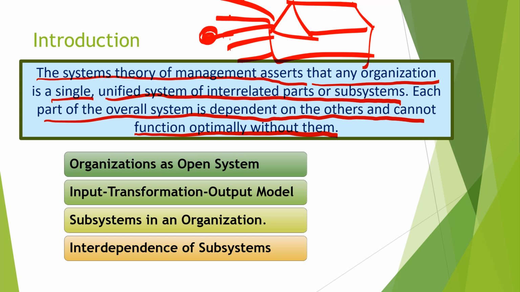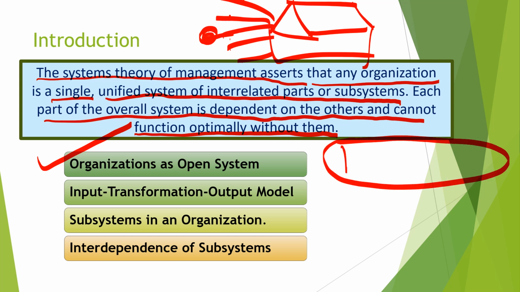So on the basis of this definition, let's talk about the key features of systems approach. Number one, organization as an open system. So let's say an enterprise operates within a larger external environment which includes industry, economy and society. IES. I stands for industry, E stands for economy and S stands for society. Number two, input transformation output model.